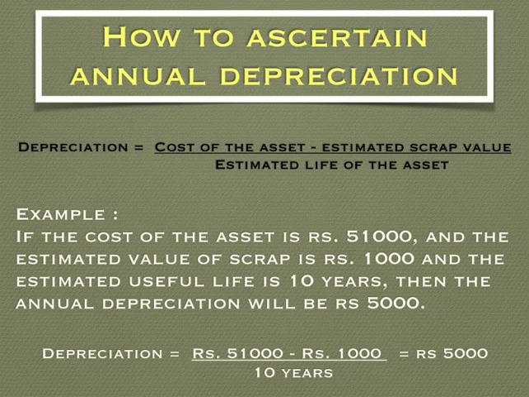Firstly, we write down the cost of asset, 51,000, minus estimated scrap value, 1,000, divided by estimated life of the asset, which is given as 10 years. After calculating, we get the answer of rupees 5,000. So depreciation is 5,000. This is a very simple formula, friends. By this formula, we can ascertain our annual depreciation.